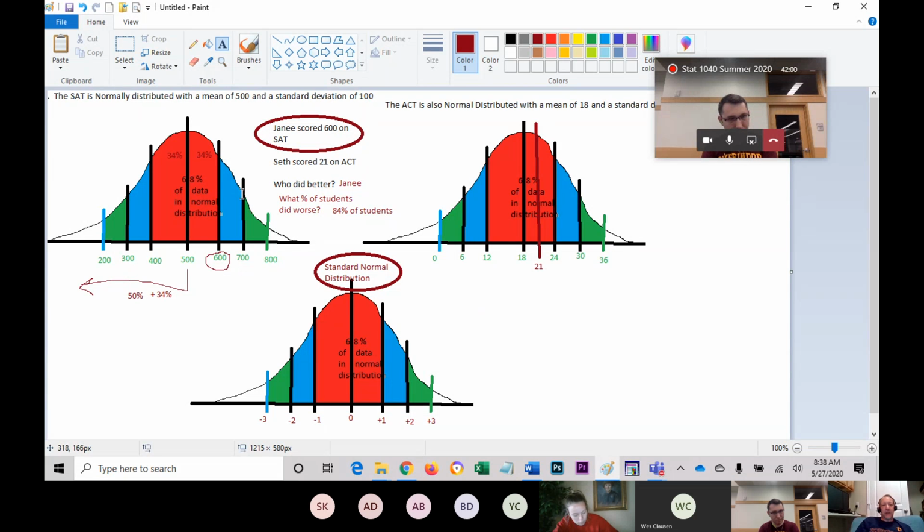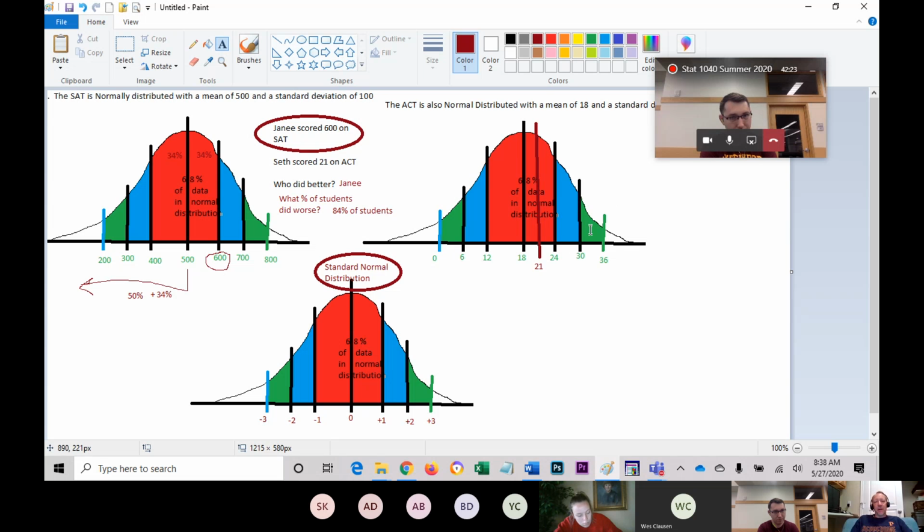We can figure out what she did with the 68, 95, 99 rule. And in fact, there will be a lot of questions about this, so we'll probably start doing some more questions in just a minute. But in Seth's case, we can't really do that because Seth is in between the values.